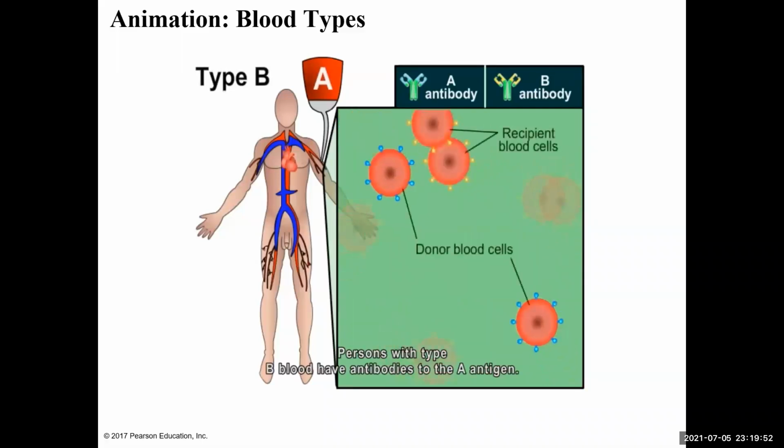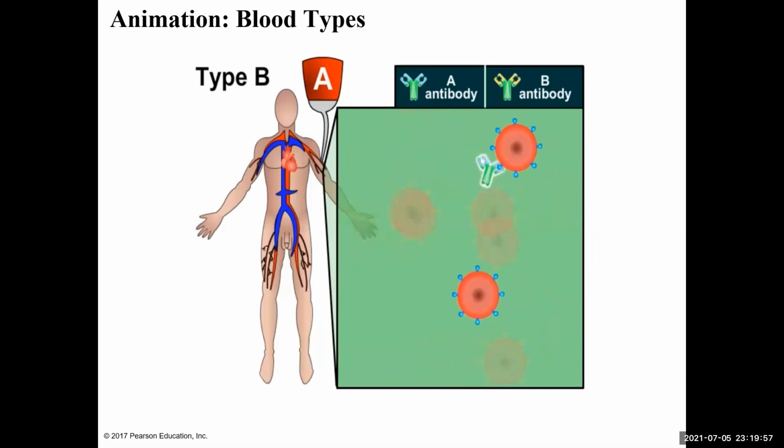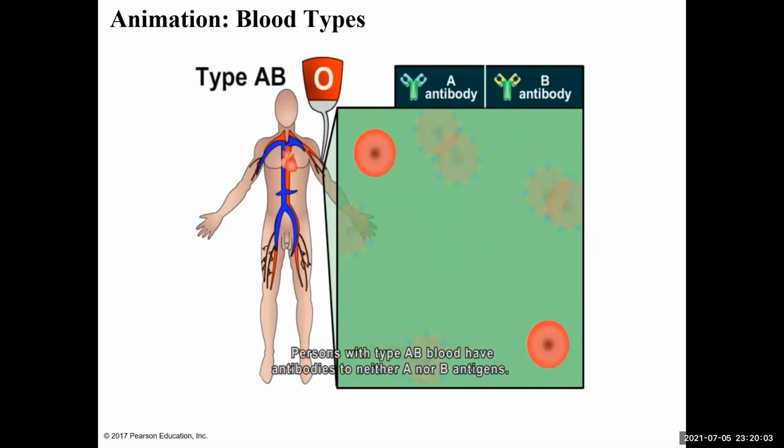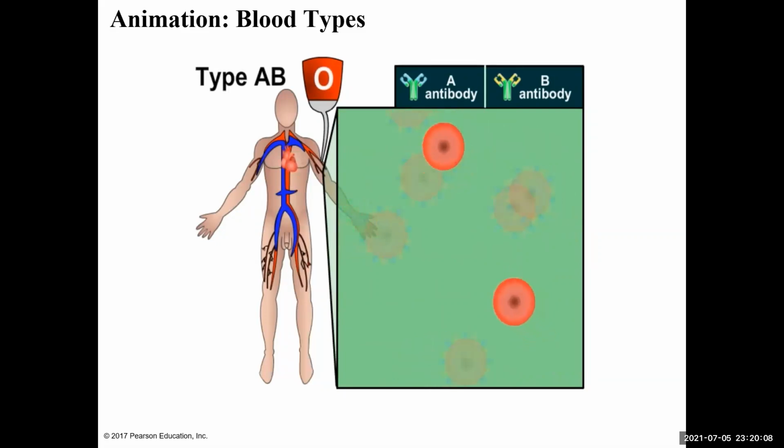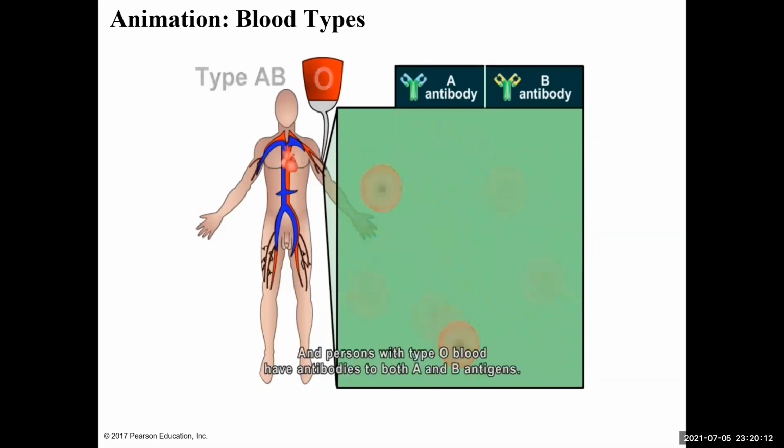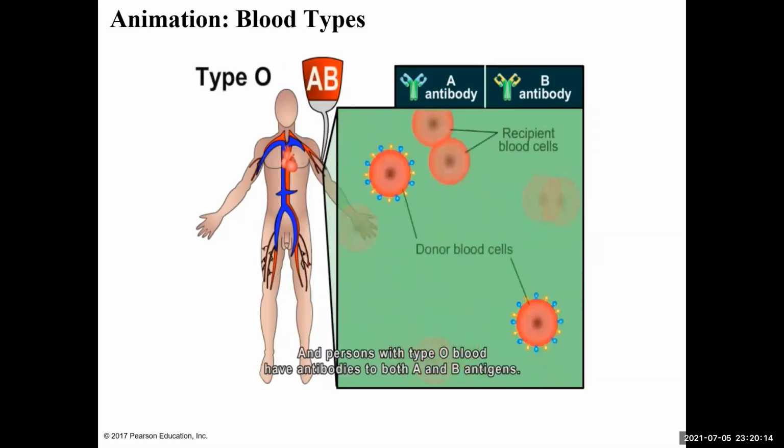Persons with type B blood have antibodies to the A antigen. Persons with type AB blood have antibodies to neither A nor B antigens. And persons with type O blood have antibodies to both A and B antigens.